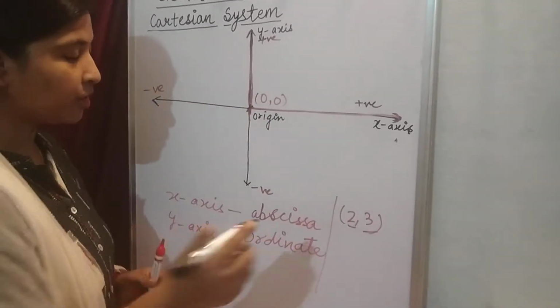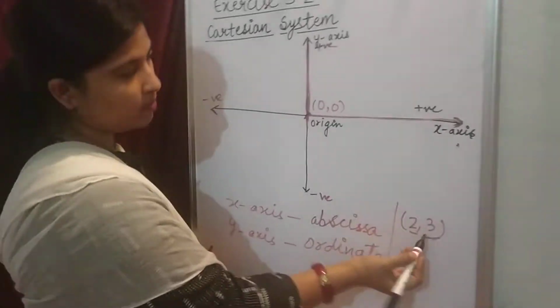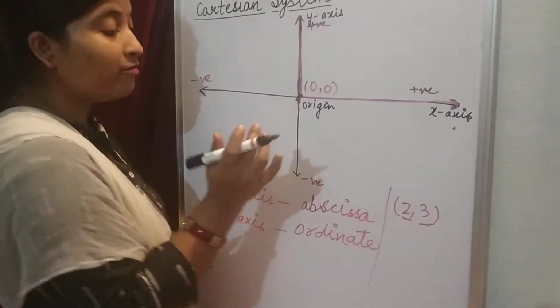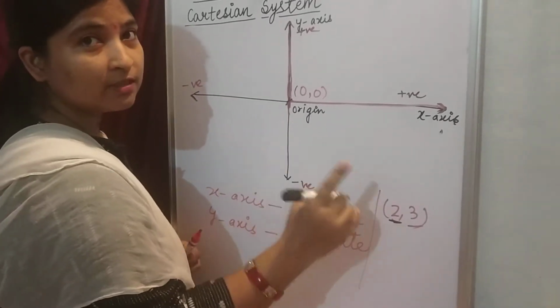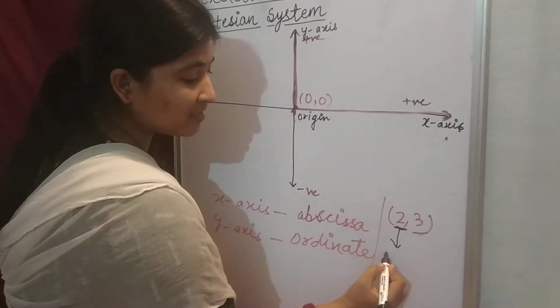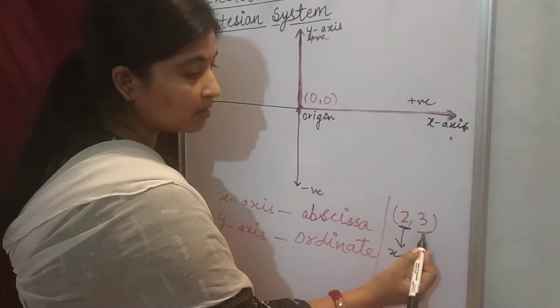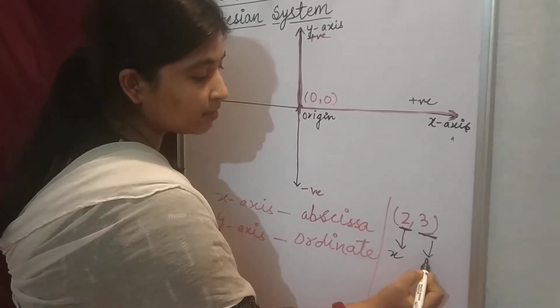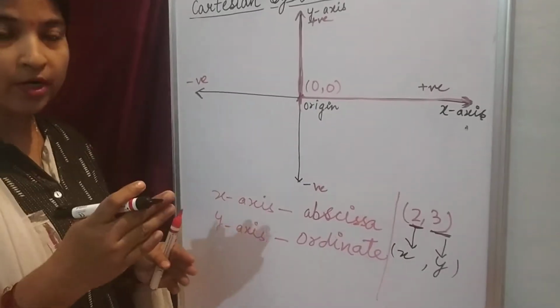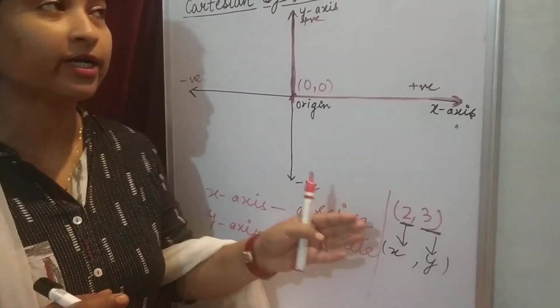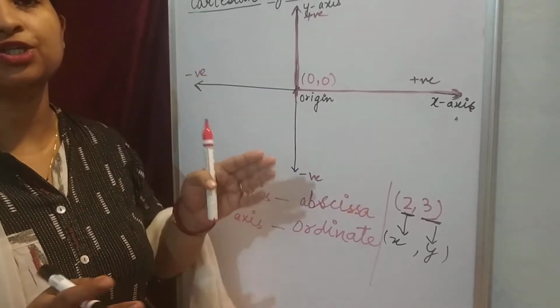That is very, very important. Always remember the first number is your x coordinate and the second number is your y coordinate. That we do in the Cartesian system.